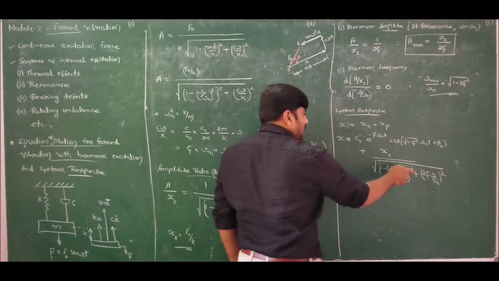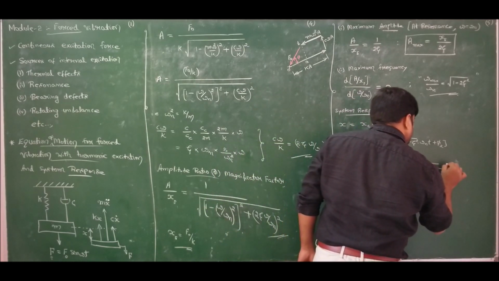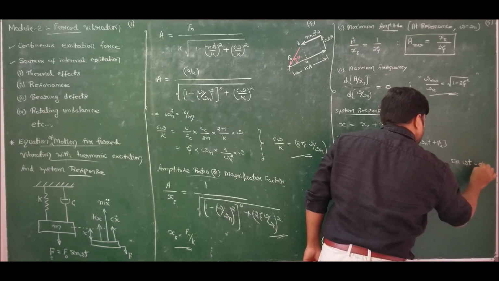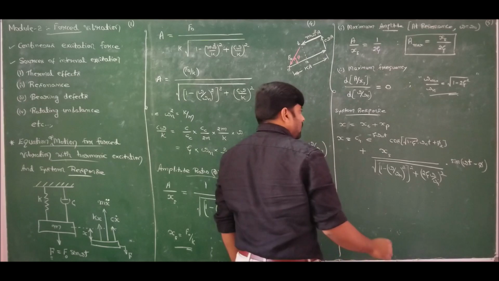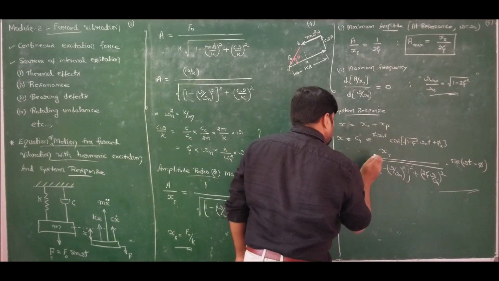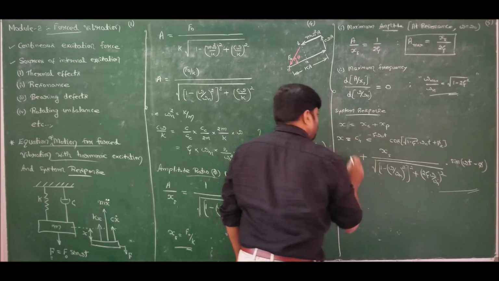This is the value of A, in A sin omega t minus phi, correct? So the particular solution is A sin omega t minus phi.